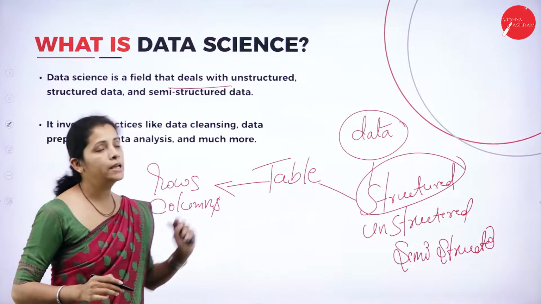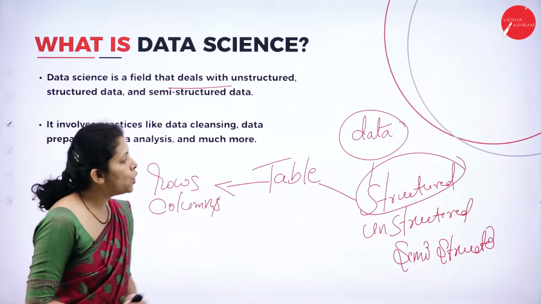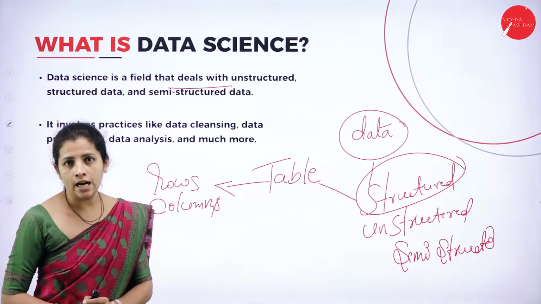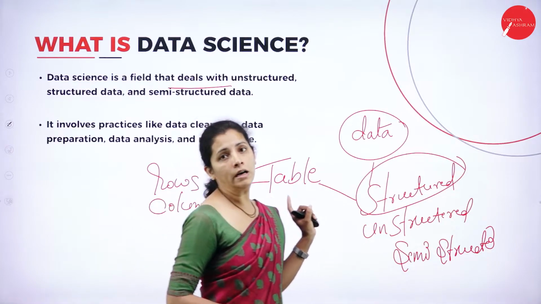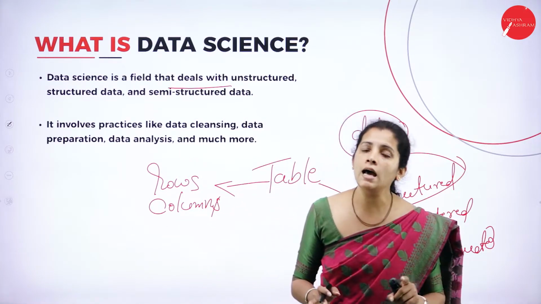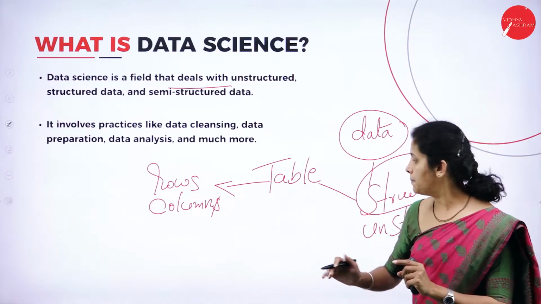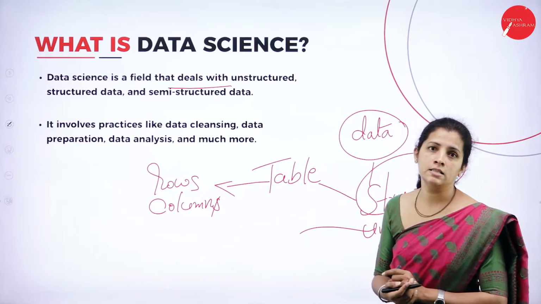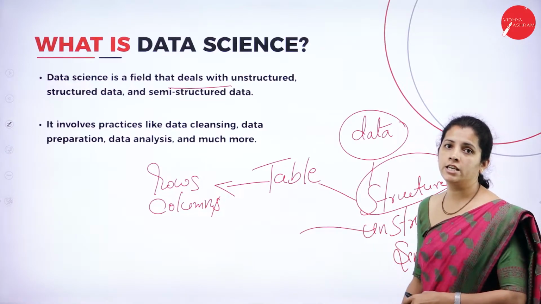That is nothing but structured data. Now, if I go with unstructured data, here data are not organized in some manner. For example, I can consider audio file, video file, image, etc.